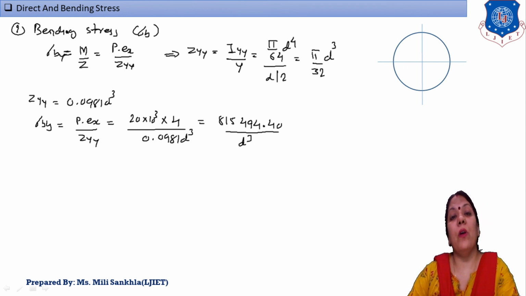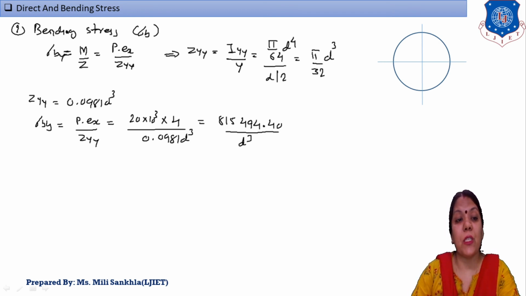Now here sigma max is given. Sigma max is the summation of direct stress and bending stress. So right here sigma max is the direct stress plus bending stress.